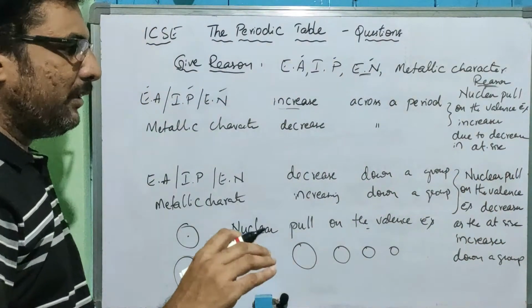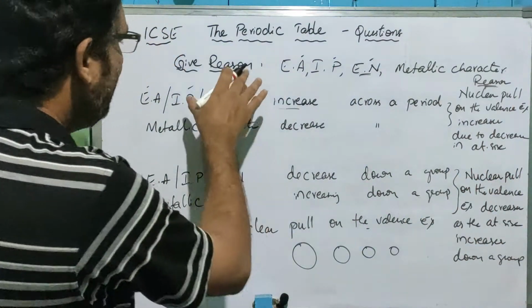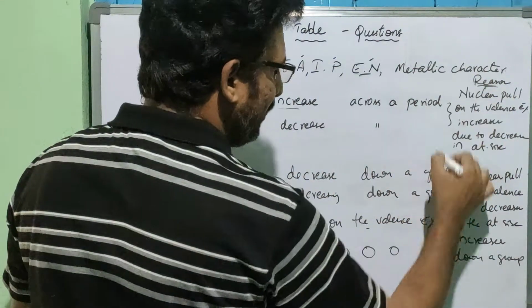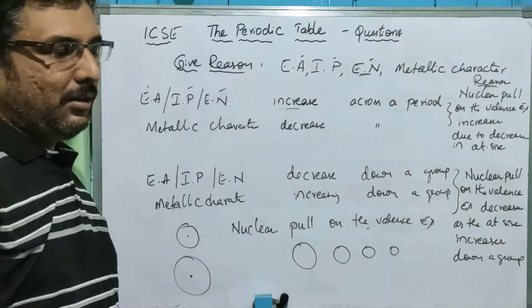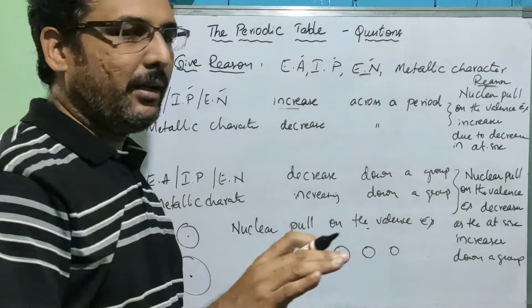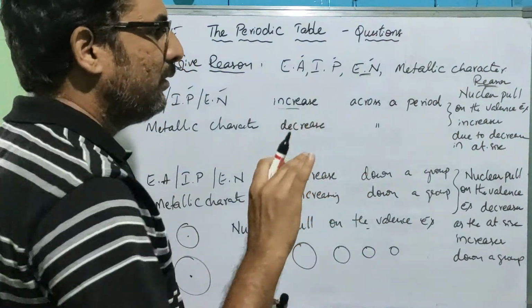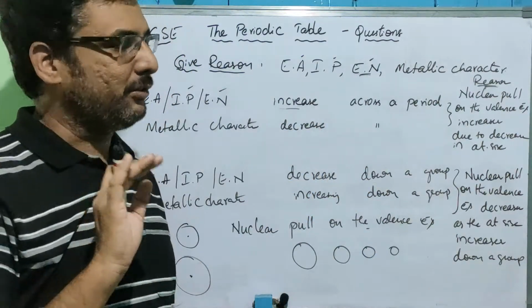Okay, so it's very easy to answer. For all these questions you will write almost the same reason. It depends upon the nuclear pull on the valence electrons.